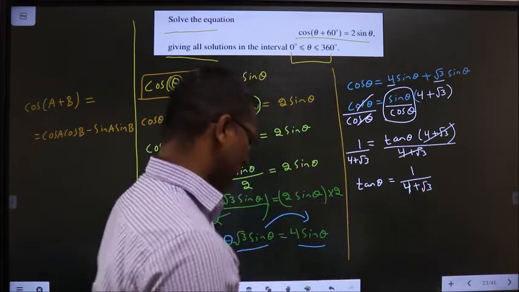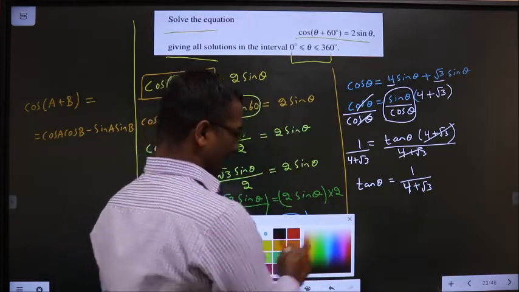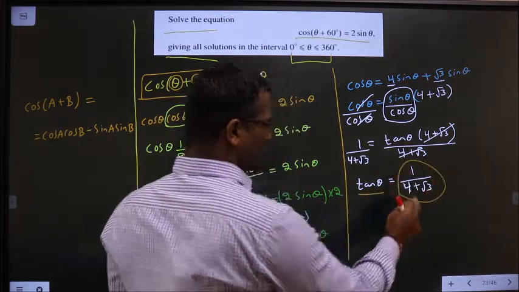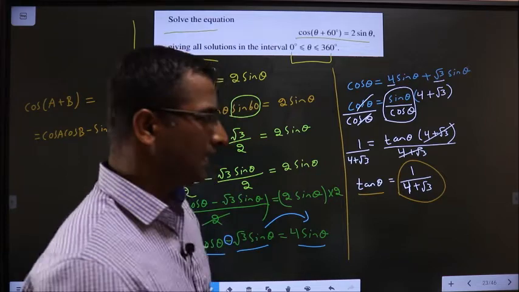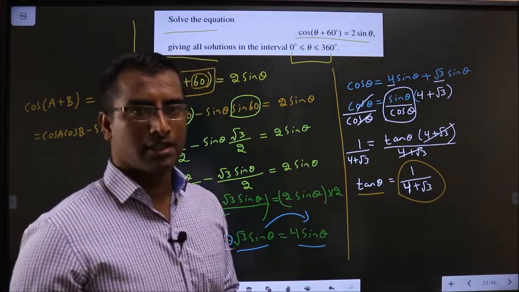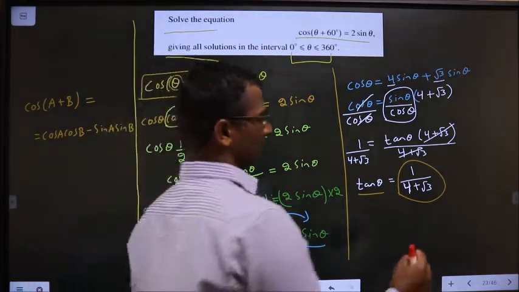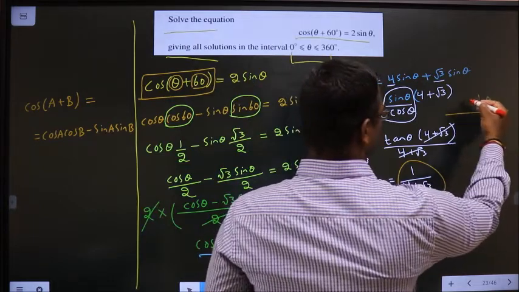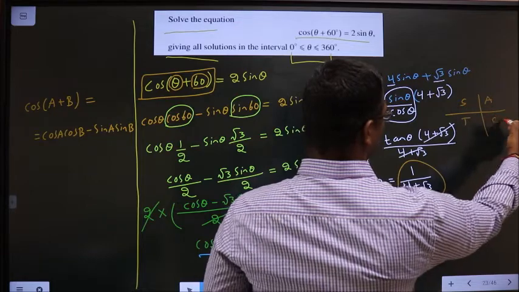Now, clear? Okay. Here tan we got to be positive. Now I should see in what all quadrants tan is positive. It's like this. See, it is all silver tea cups.